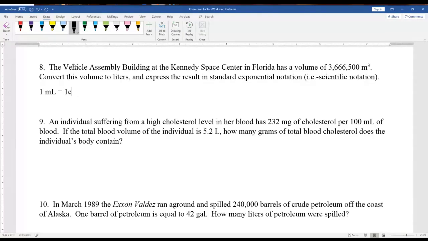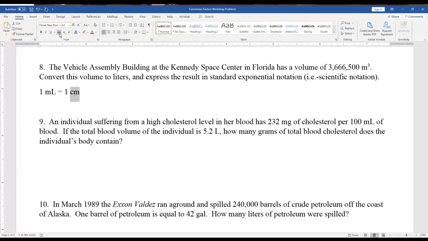So this is definitely one you want to have committed to memory, but effectively, 1 milliliter is equal to 1 centimeter cubed. So 1 milliliter is equal to centimeter cubed. The reason that we have liters and milliliters is because we didn't want to deal with cubic units for conversion.